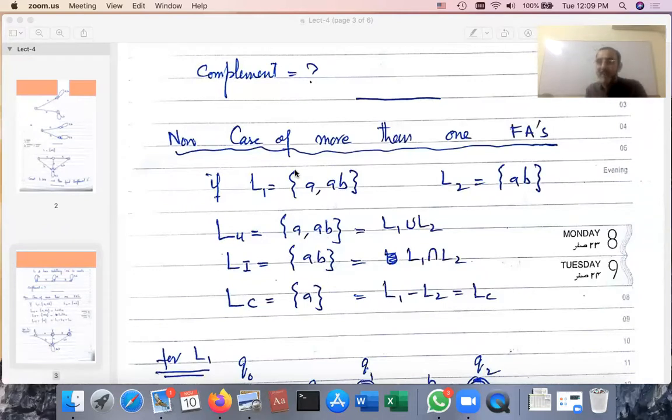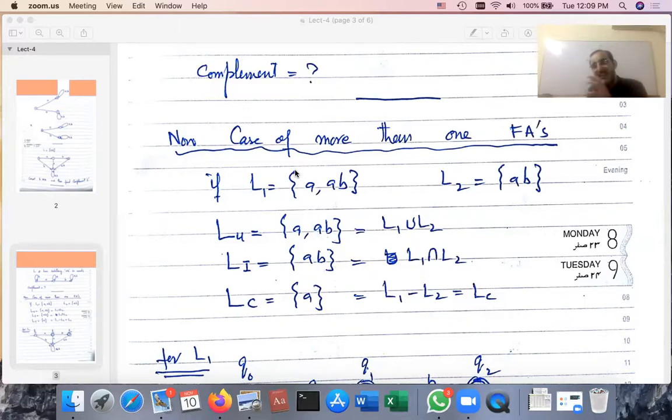Not only on a single FA, it can also apply on more than one FA, but now you will see how you can apply this complement operation over more than one FA. Union and intersection is always for more than one FA because you have to combine something, or you have to take something common between two things, which is called intersection.